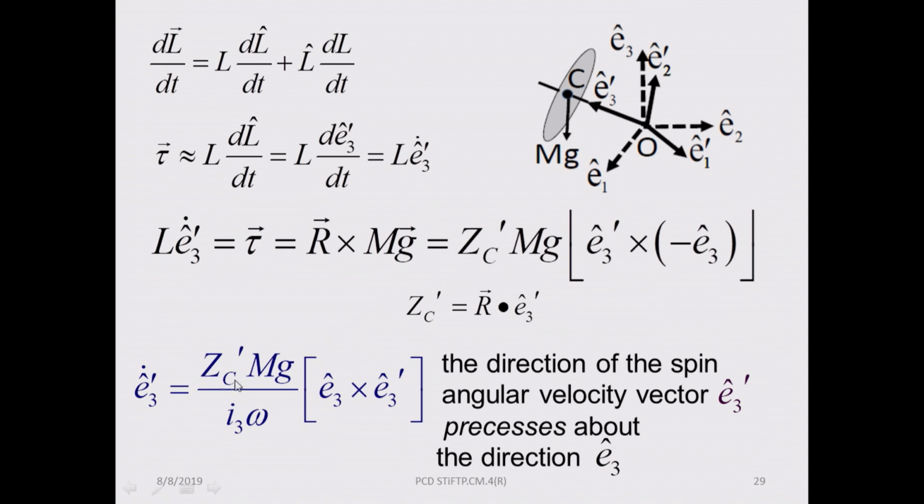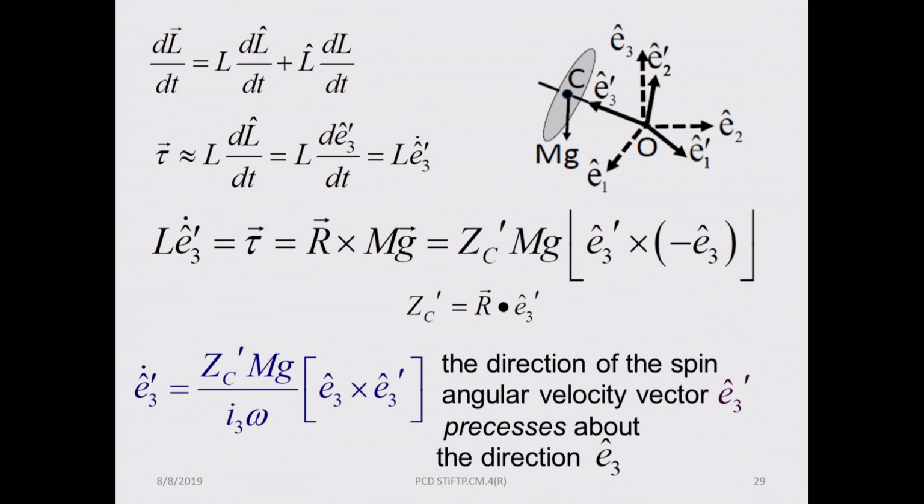So you've got Zmg over this angular momentum, which is I3 omega, in the eigenbasis, in the basis of the rotating body. Then the direction of the axis along which the object is rotating is time dependent, and this dot denotes the time derivative of this unit vector. So its time derivative is not 0.